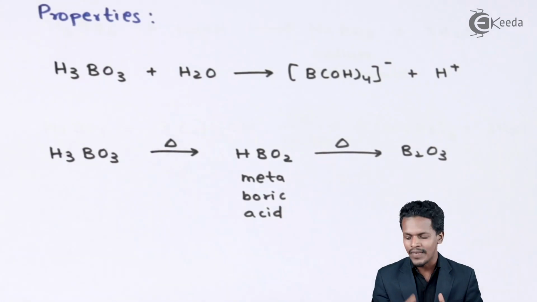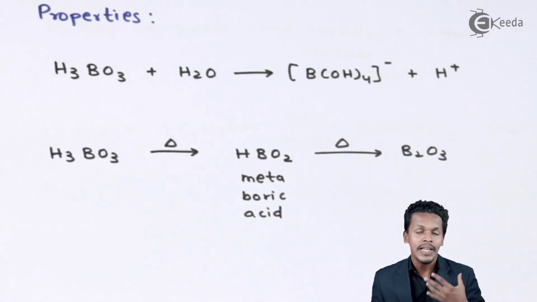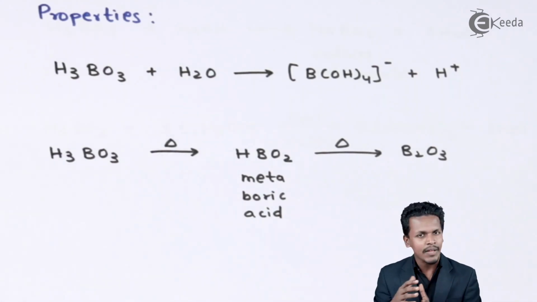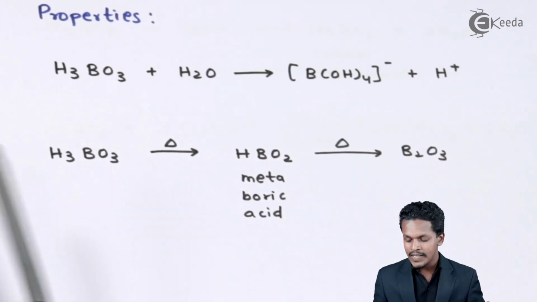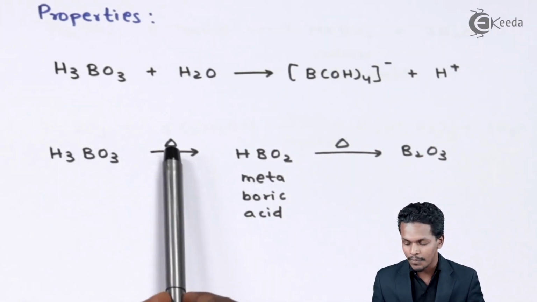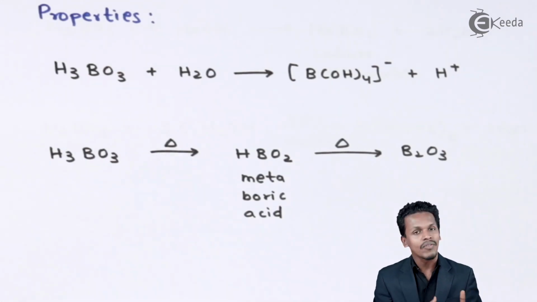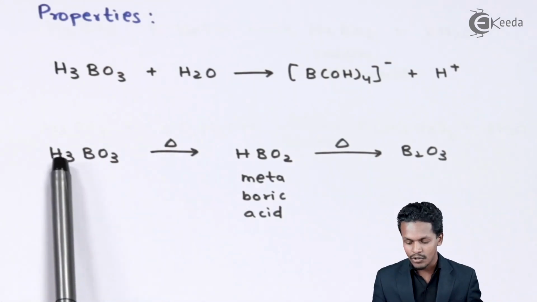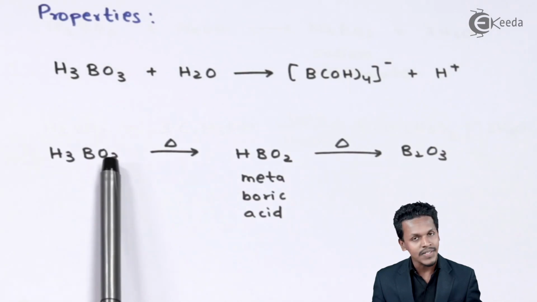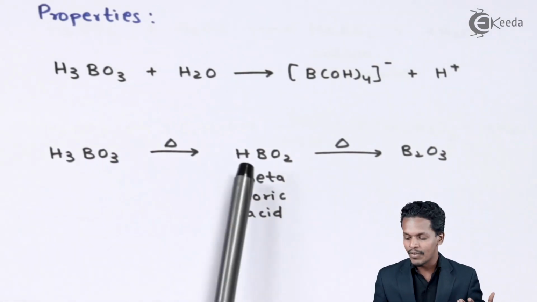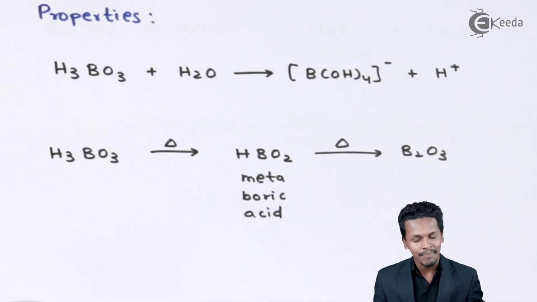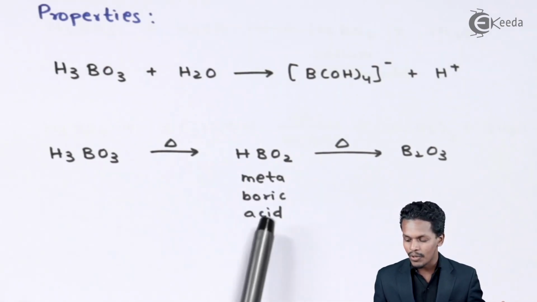That is, what happens when orthoboric acid undergoes a decomposition reaction. There are different kinds of properties that could be exhibited by orthoboric acid. So talking about this reaction, whenever orthoboric acid undergoes decomposition, water will be obtained. So H2 from this, along with one oxygen atom, will be removed in the form of water, and what we obtain is HBO2, which is metaboric acid.